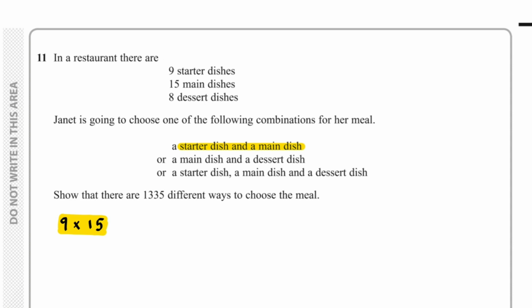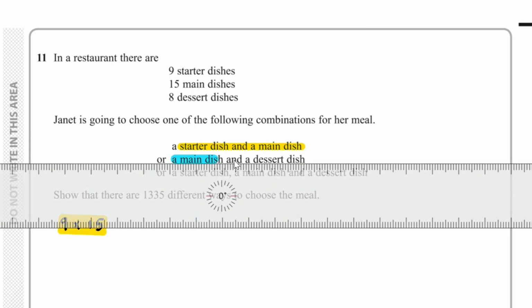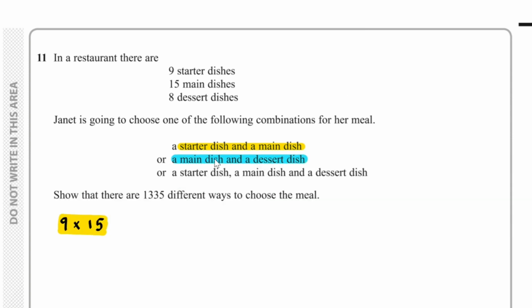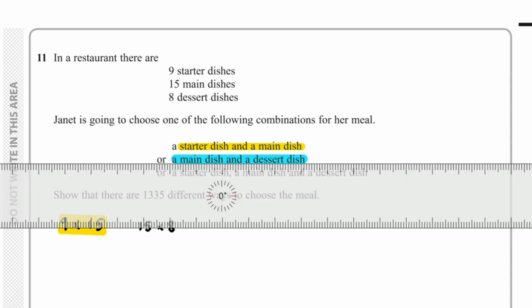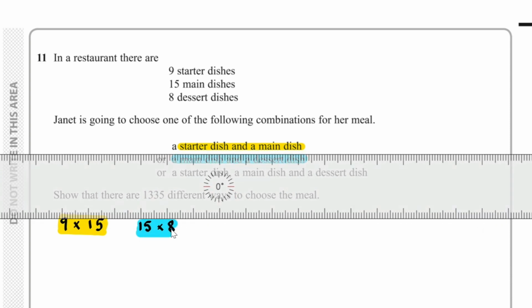Then for a main dish and a dessert dish, well, there's 15 mains, 8 desserts, so the total number of combinations, we have 15 times 8.